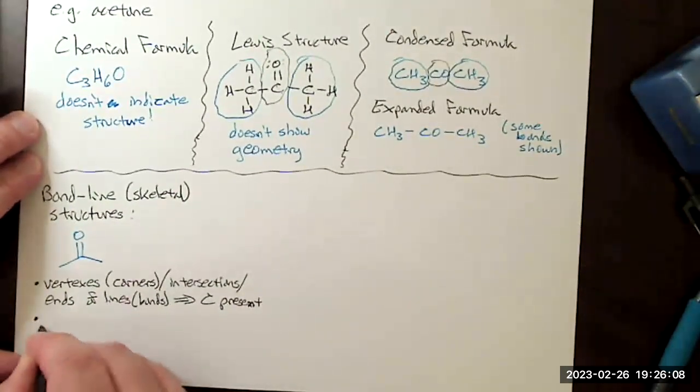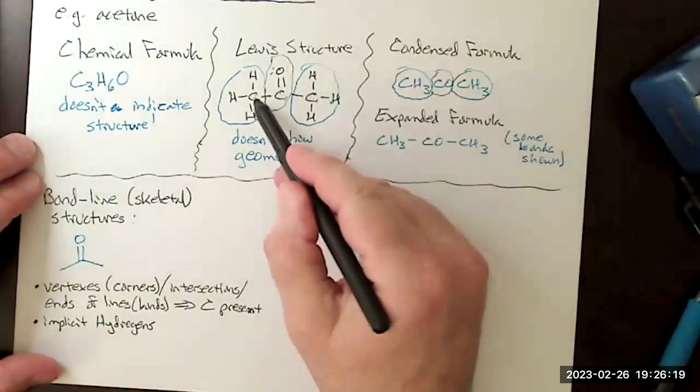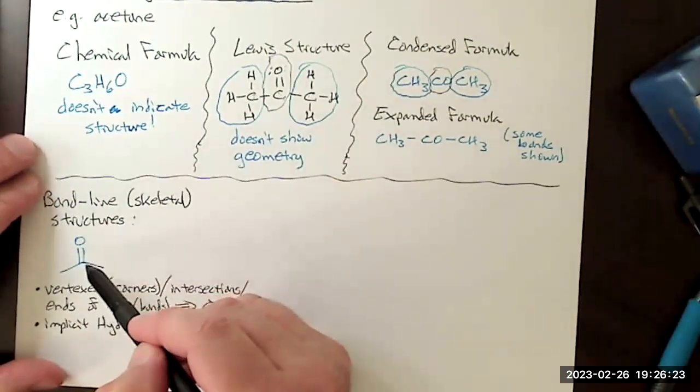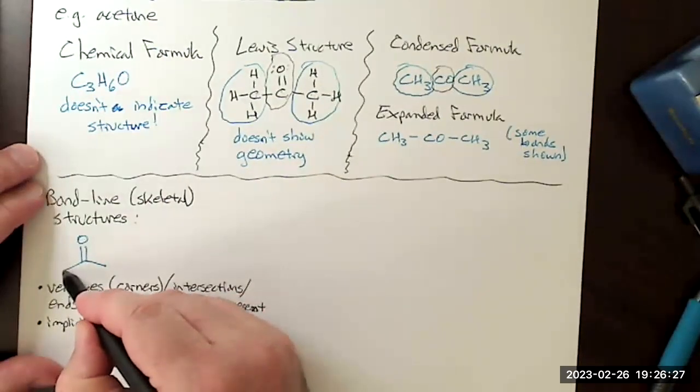We also have what are called implicit hydrogens. So notice that in the Lewis structure, I've drawn out the hydrogens. Here, they're not shown. They are implied. We understand that that's a carbon at the end and is bonded to one other carbon.